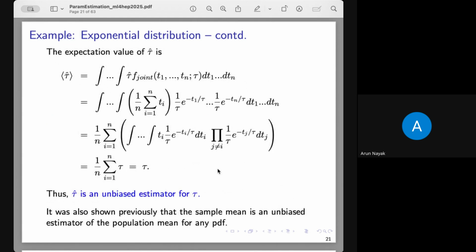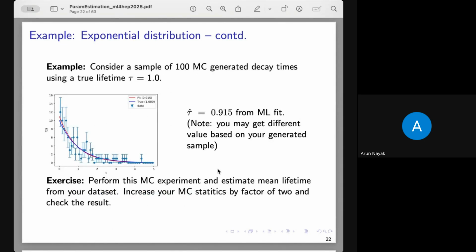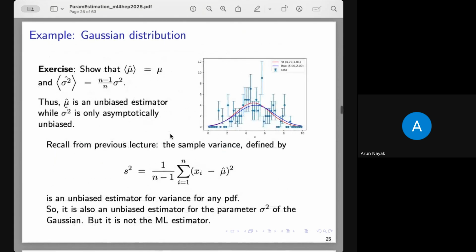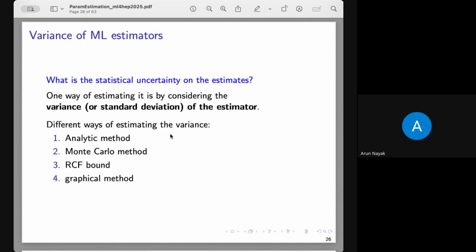And we also discussed the other properties of these ML estimators. Here was the result of a binned likelihood fit to a sample of 100 events, and we obtained the fitted value of the parameter. Then we discussed a similar thing for the Gaussian, and various methods for estimating its error or the variance.